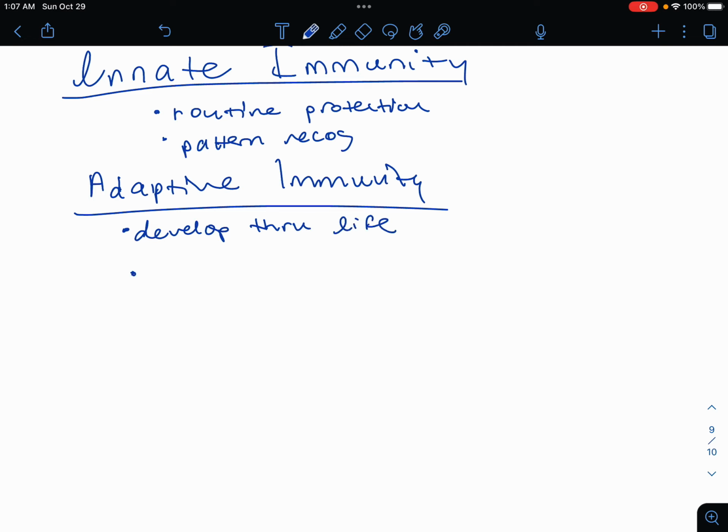We're going to have antigens and antibodies. And then this is also going to involve the destruction of our own cells if need be to prevent spread of the infection.